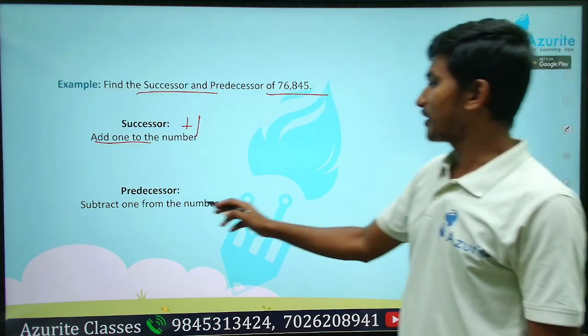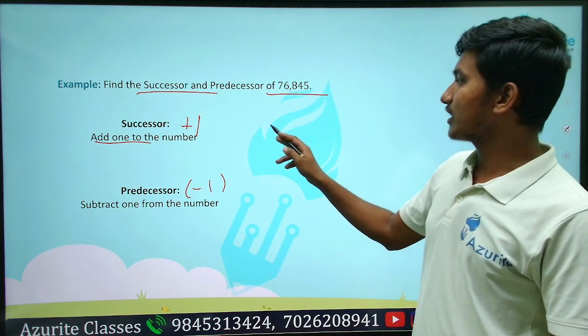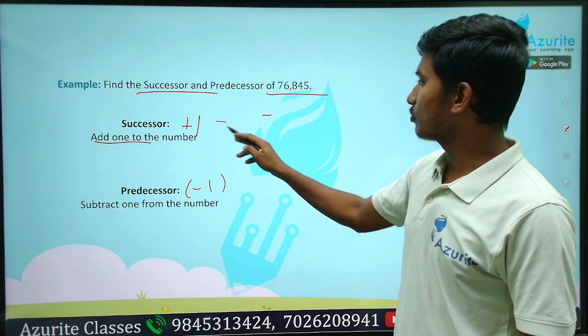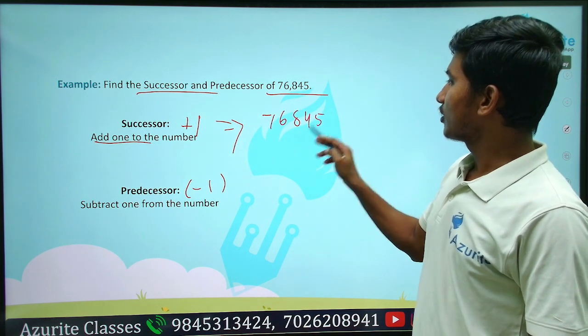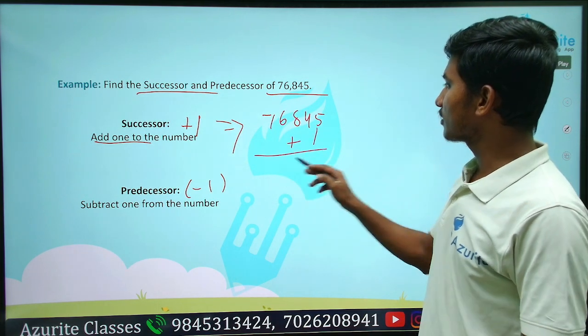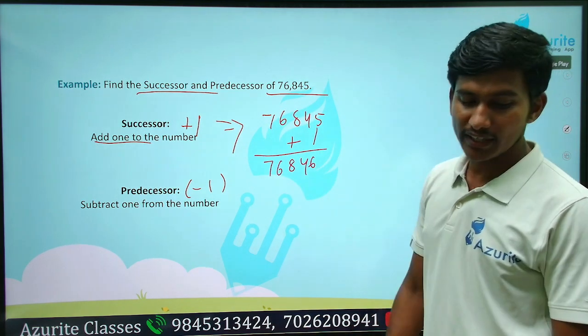So for the predecessor we have to minus 1. The number is 76,845, right? So the successor will be how much? 45 plus 1 will be 76,846. Got it? Good.